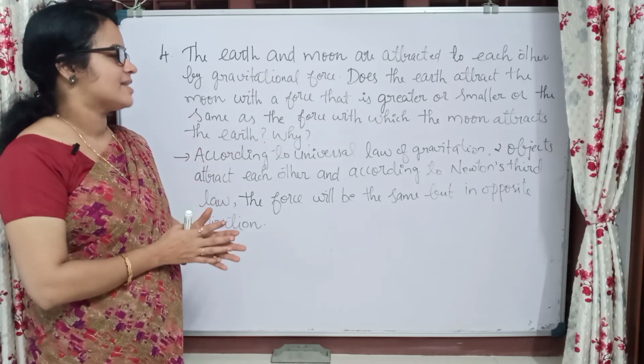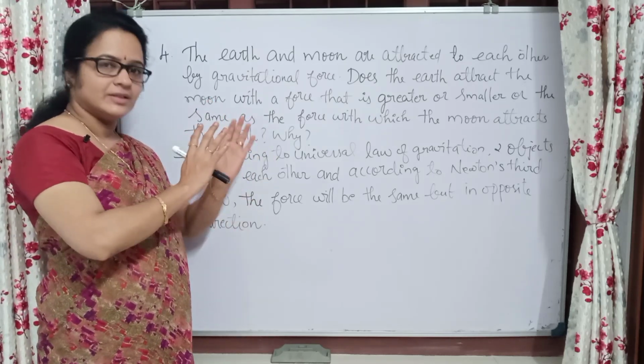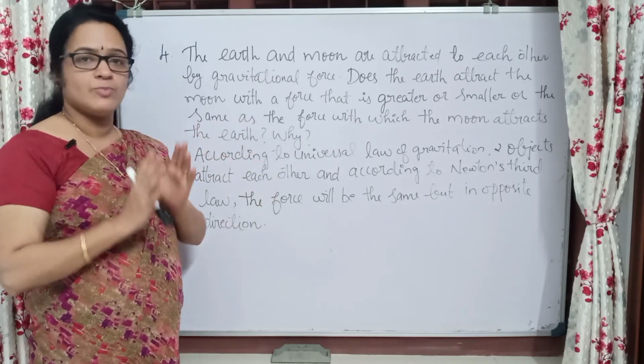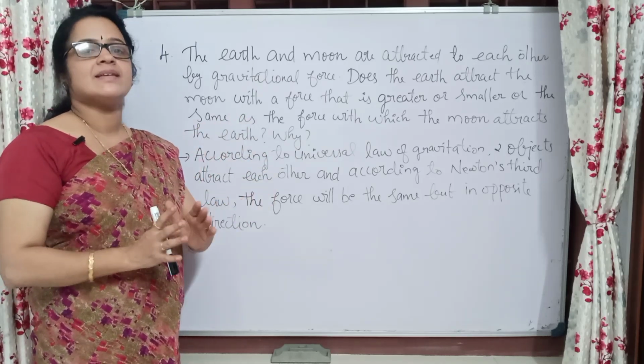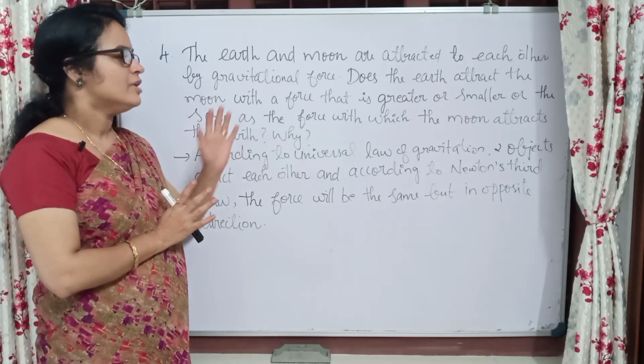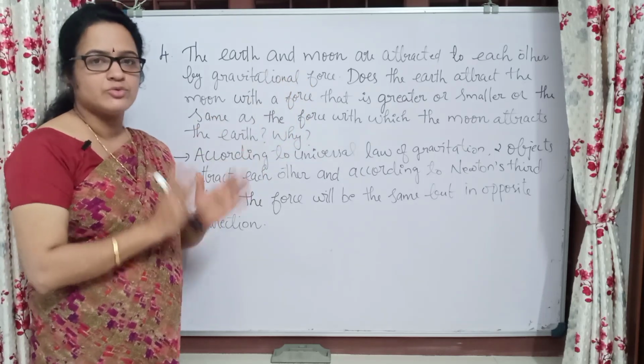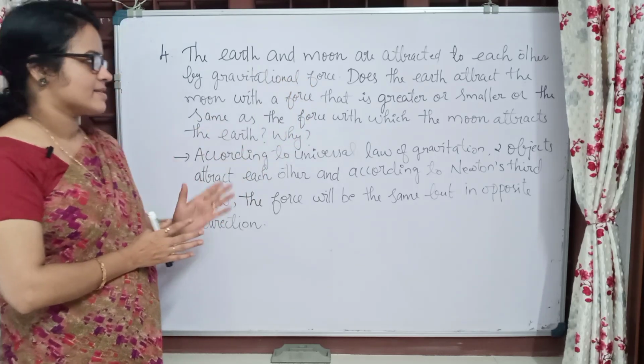And the question is, is the force of attraction of the earth greater or smaller or the same as that of the moon which is attracting the earth? Okay, so that we have to find, and the reason also we have to write. So what is the reason for that?